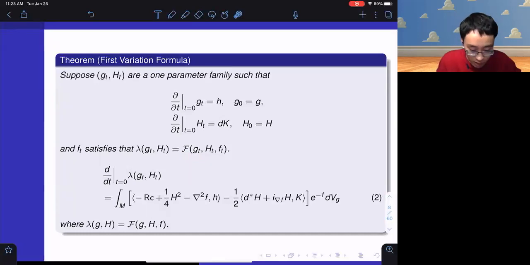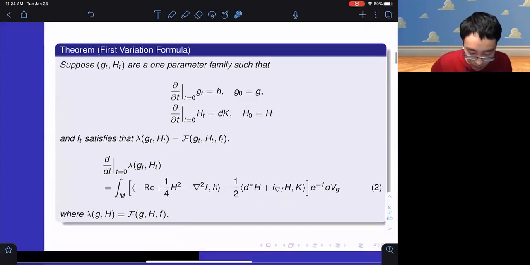The first variation derivative of lambda is given by the inner product of minus Ricci plus 1/4 H squared minus Hessian f with h, plus the inner product of d star H plus i gradient f H with k. I think this was shown before.